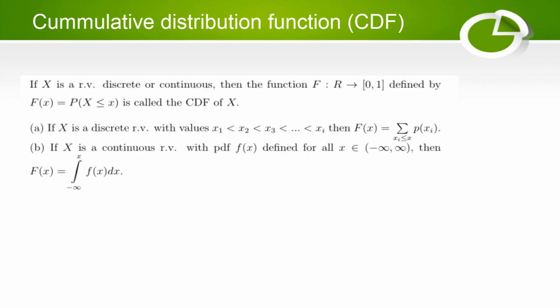If x is a discrete random variable with values x1 < x2 < x3 < etc. < xi, then F(x) = summation over xi ≤ x of P(xi). If x is a continuous random variable with PDF f(x) defined for all x belonging to (−infinity, infinity), then F(x) = integral from −infinity to x of f(x) dx.